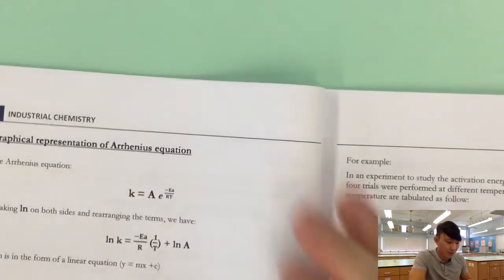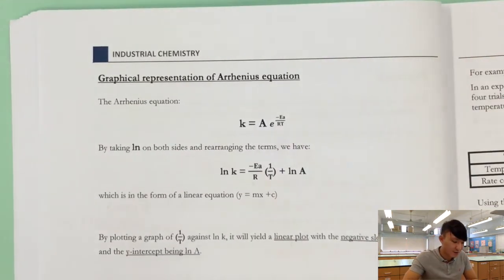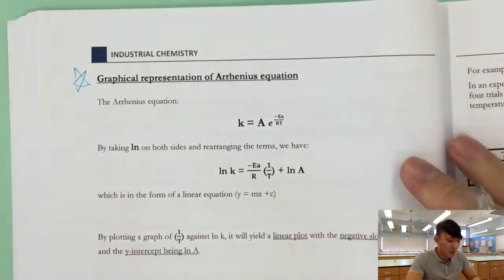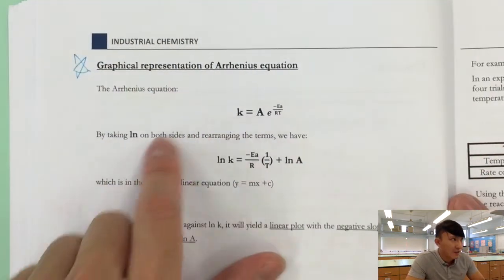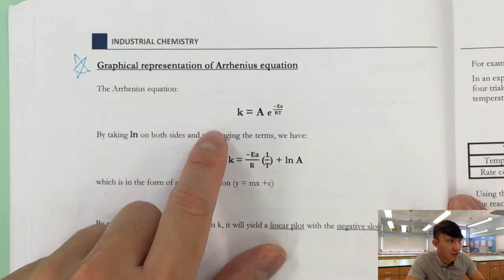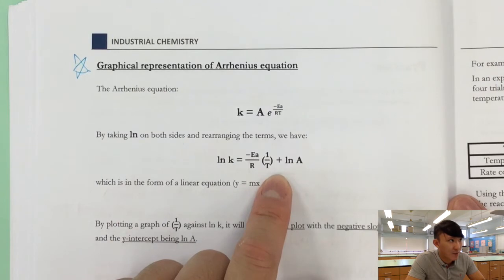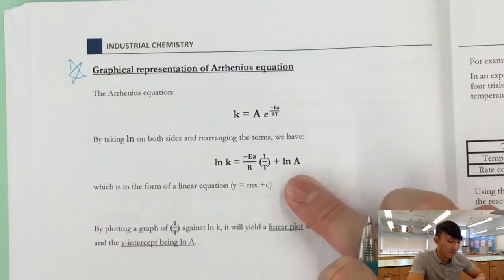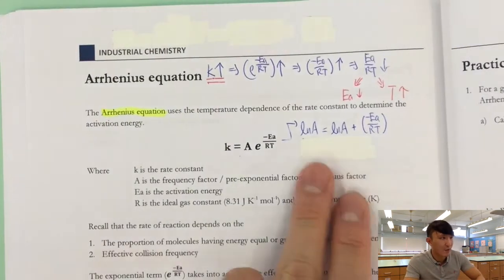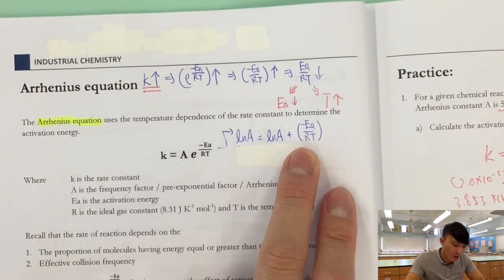Next page. The next page is very important. Graphical representation of Arrhenius equation. So here, this is what we did earlier. We take natural log on both sides of the equation, and then we get something like this. Now this is coming from what I have here, because after you get this one, you rearrange the terms.